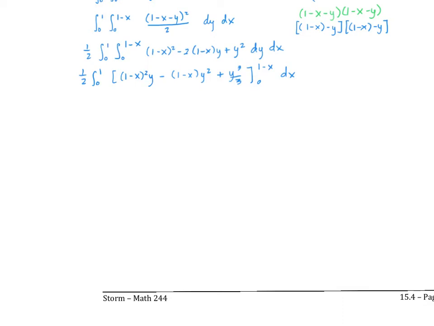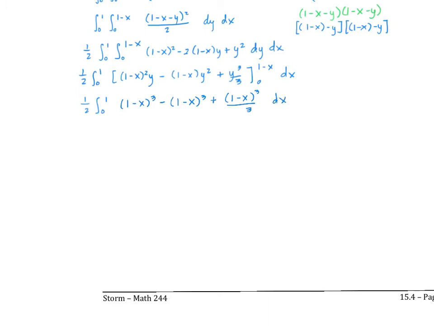When I plug in 1 minus x for y, in the first term it's going to be 1 minus x squared times 1 minus x, which would give me a 1 minus x to the third, minus 1 minus x times 1 minus x squared will give me another 1 minus x to the third, plus 1 minus x to the third over 3.